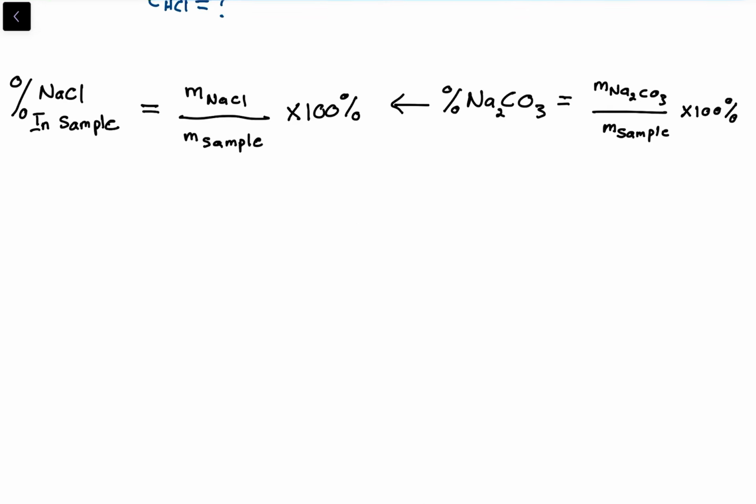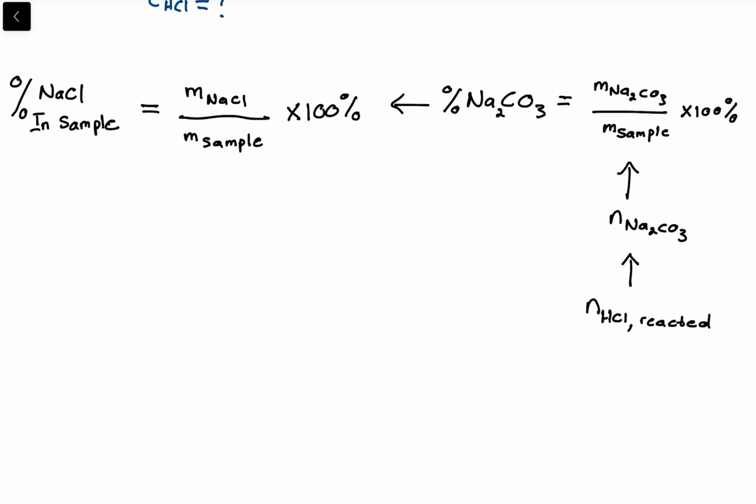Right. So what do we need here? To get the mass of the sodium carbonate, we need the number of moles of sodium carbonate. To get the number of moles of sodium carbonate, we need the number of moles of the HCl reacted with it. I'm going to call that HCl reacted.